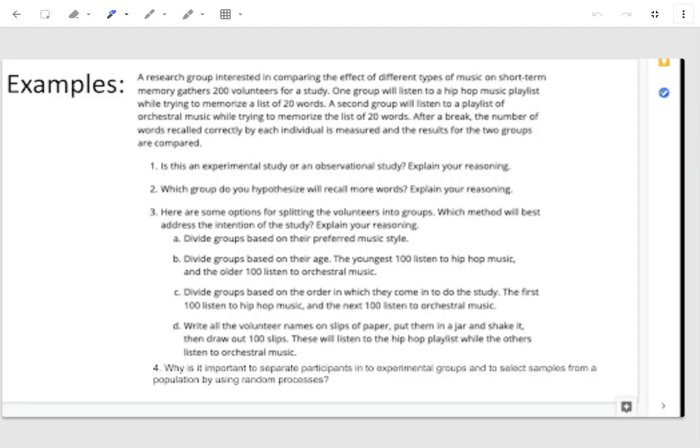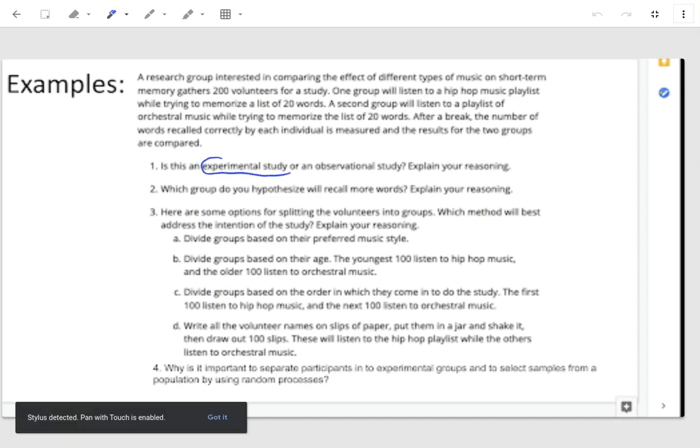Okay, this is going to be an experimental study because they're studying the effect of one thing, in this case, the type of music they're listening to, and how that affects the other thing, in this case, can they memorize the 20 words or not. So this is an experimental study.